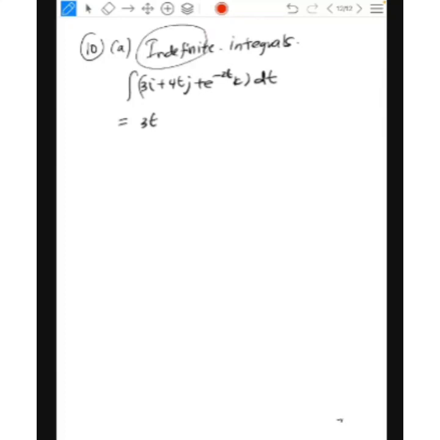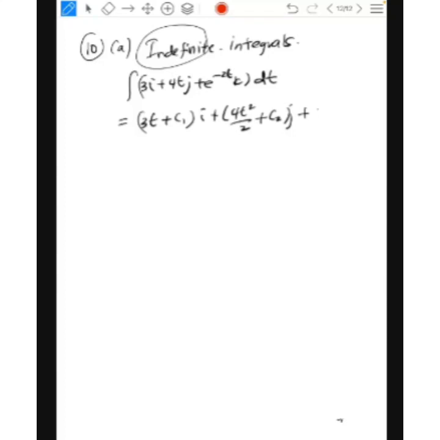So you can do 3t plus c1 for i. Okay, each term you plus the c. Okay, so c1, c2 and c3. So for j it is 4t to the power of 2 over 2 plus c2 for j. And then for the exponent, how do you integrate exponent?